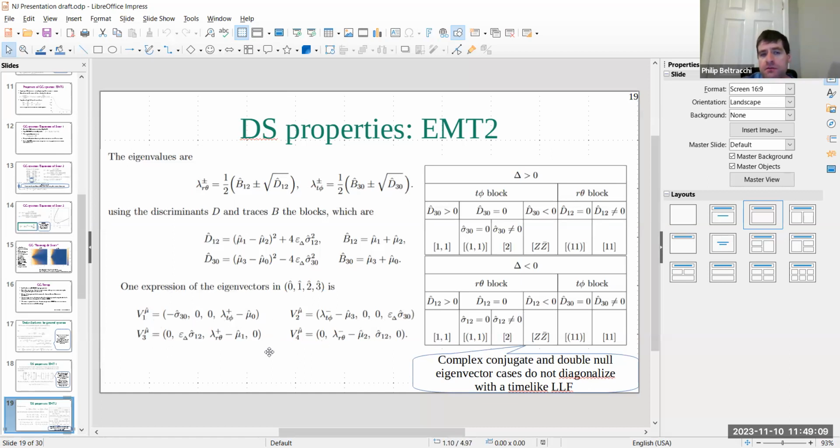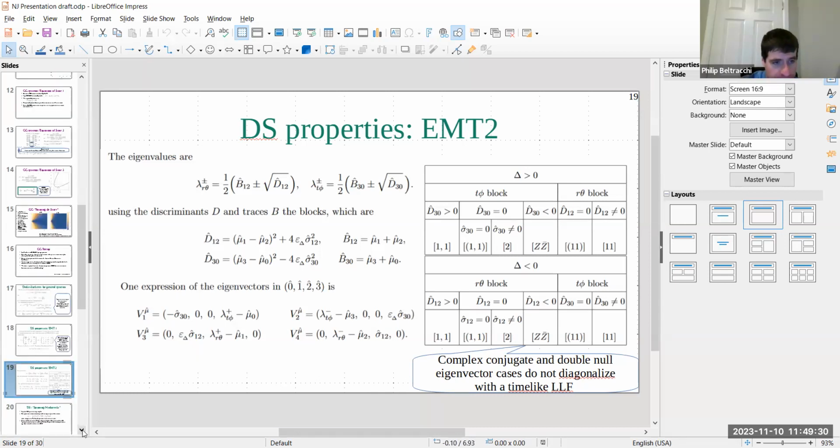These expressions will work most of the time, except for this 1, 1 case, in which case they will go to 0. But in the 1, 1 case, any vector you choose in that plane will be an eigenvector, so you could just choose something else.